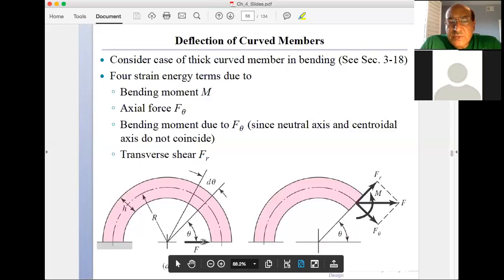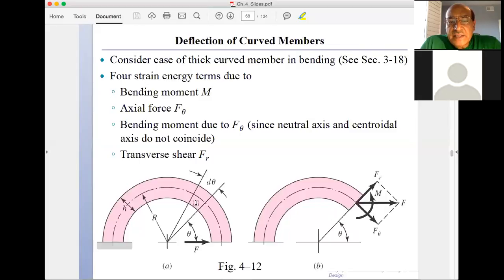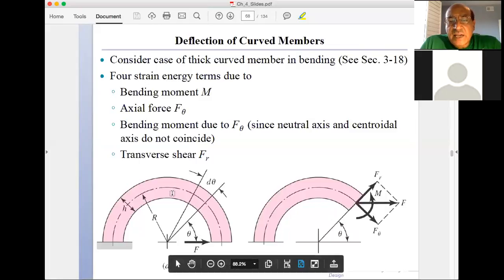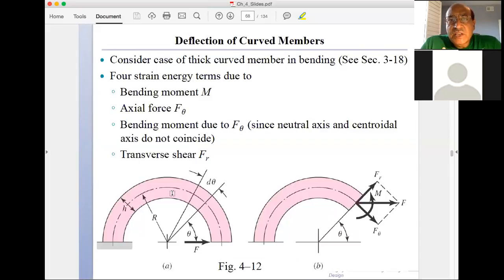So from a simple force here, we get a force system, one radial, one azimuthal, and we also get a moment. And then the curved member will store this elastic energy. It will actually look like a spring, and you're storing the elastic energy in this spring.